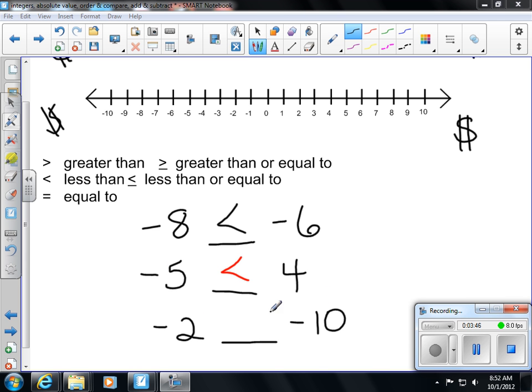Is -2 greater than or less than -10? Okay, here's -2. Here's -10. Okay, -2 is going to be worth more. It is greater than. I would rather owe somebody $2 than owe them $10. Okay, I'm in a better situation. I'm going to have more money in the long run if I only owe somebody 2 rather than owing them 10. Does that make sense?